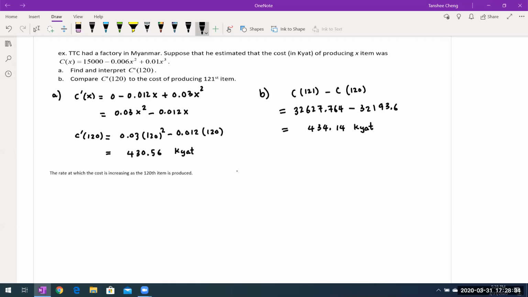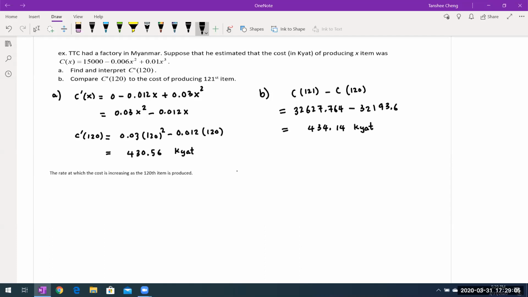Now, this value, we sort of knew it would be around there from part A, because part A is telling you that when you are producing the 120th item, the rate of change of the cost is increasing approximately $430.56. So you can see that these two values are very close to each other.